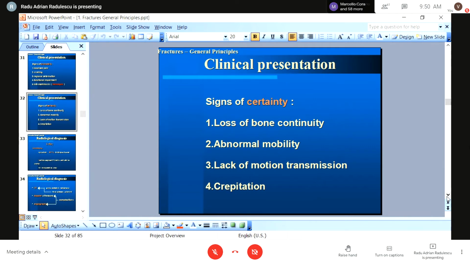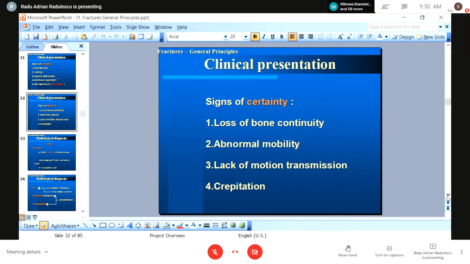And also we may have another sign which is called crepitation, meaning that in between the fragments of the fracture line, we may feel or even hear some crepitation when the two fragments move one against another.